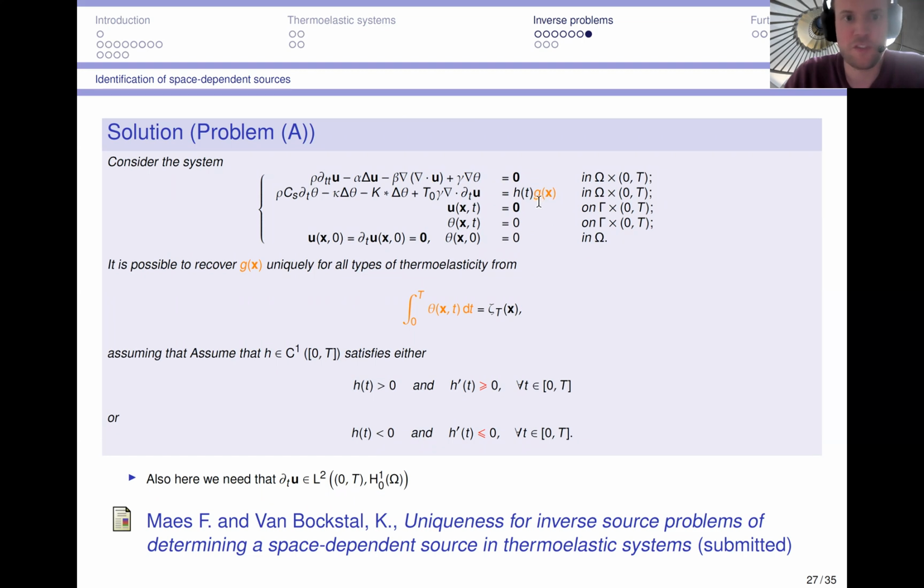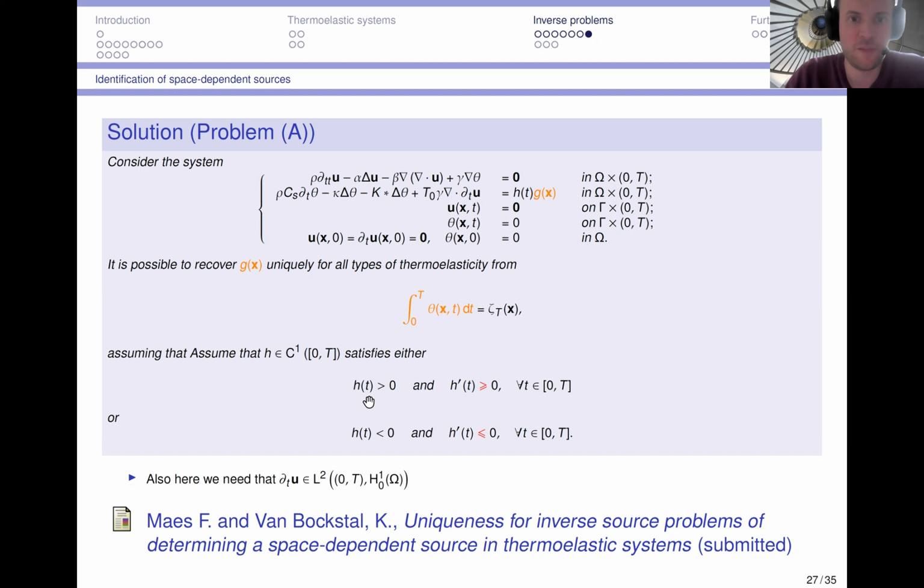For the temperature source, we can reconstruct g of x only from the average measurement of the temperature. So it's still an open problem to reconstruct g of x from the measurement of the temperature at the final time t. Again, the coupling terms, the terms containing the coefficients gamma, are causing problems.